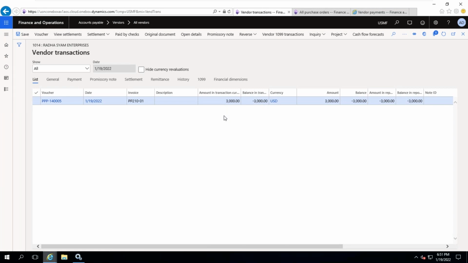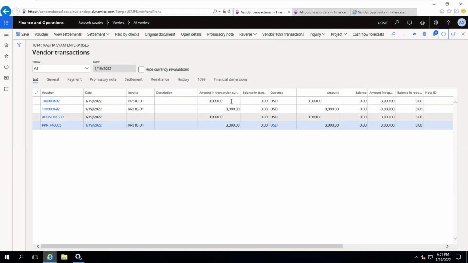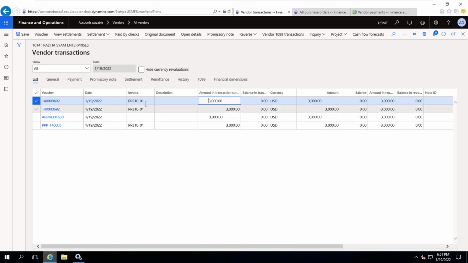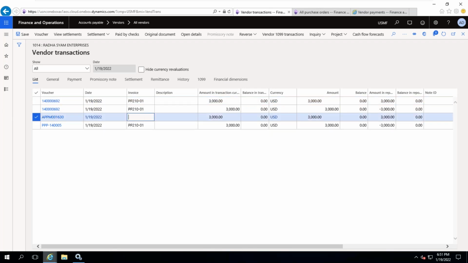It is posted. The invoice was posted, with debit and credits. One is debit, one is credit, because this prepayment invoice is settled and payment done. Internally debit and credit were posted.